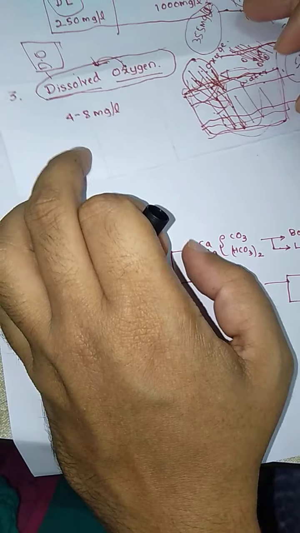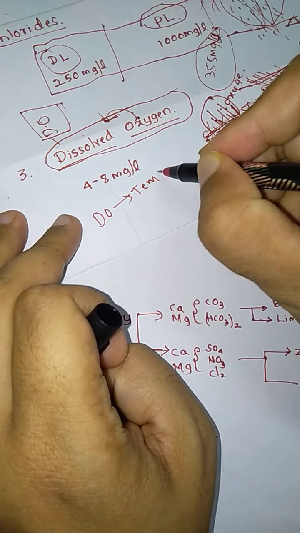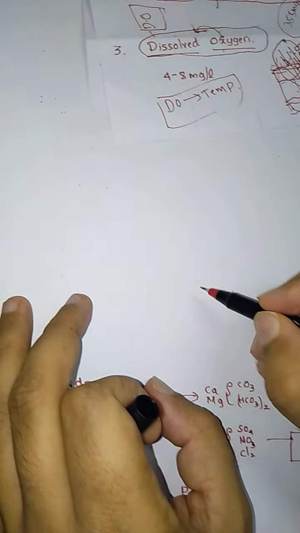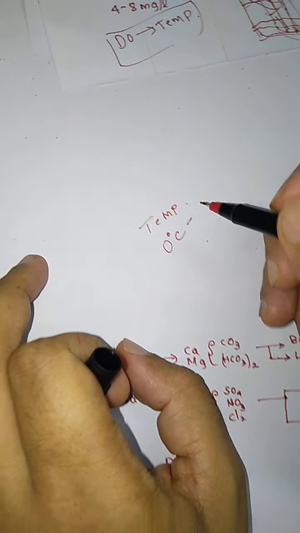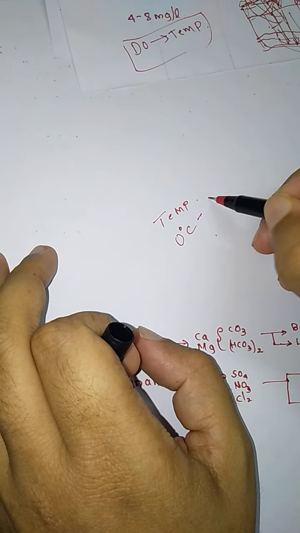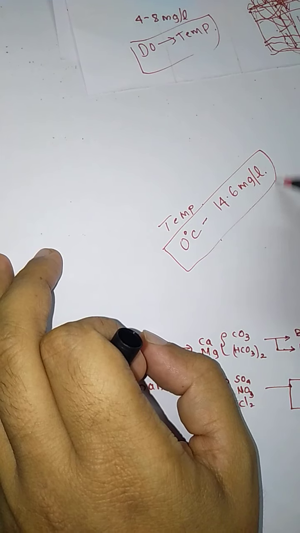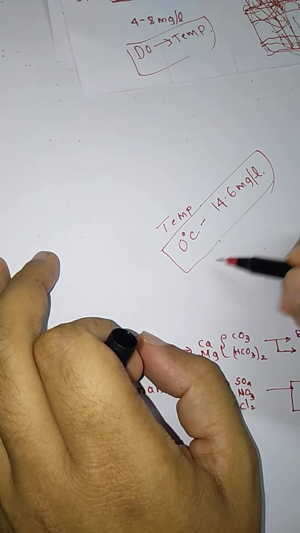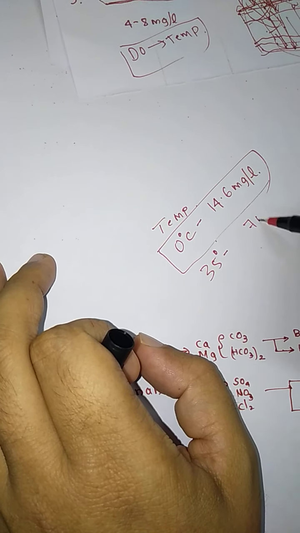Now this DO has a relation with temperature. At 0 degrees Celsius, water is going to have a DO content of around 14.6 mg per liter, and at 35 degrees Celsius, the DO drops to 7 mg per liter.